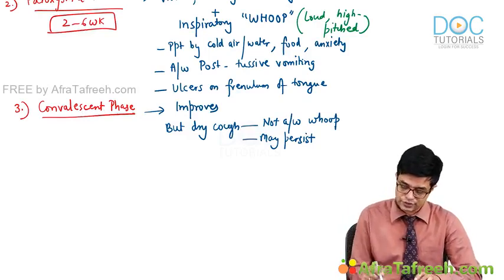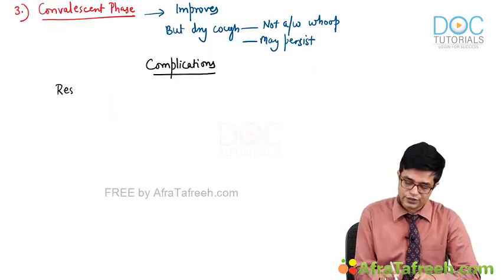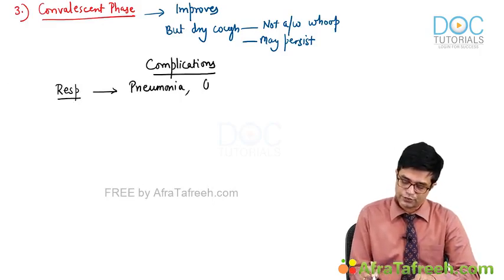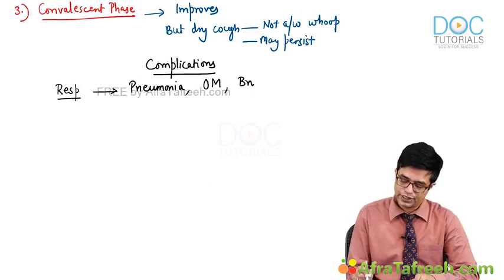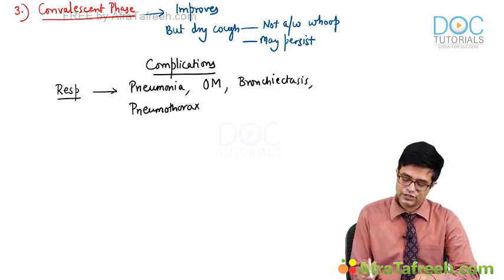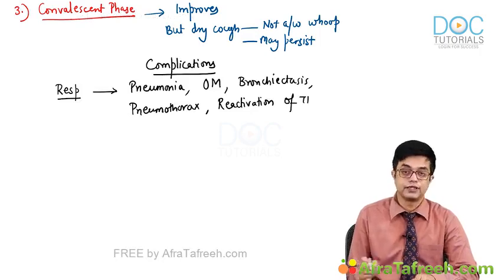Coming to complications of pertussis, first we will have the respiratory complications. Respiratory complications will include the development of pneumonia, otitis media, there may be bronchiectasis, there may be pneumothorax because of the violent coughing, and many children will have a reactivation of tuberculosis if it was latent.